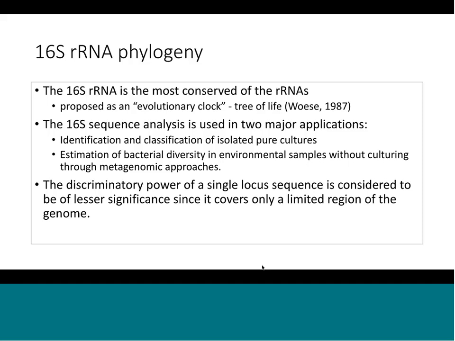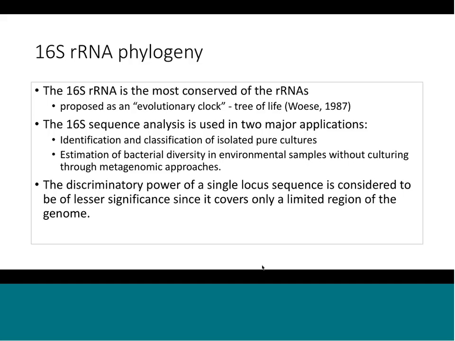Woese and Fox did this in 1977, and it's been determined that the 16S ribosomal RNA subunit is the most conserved, and it is a really good gene to use to build bacterial phylogenies. Now, this was before we were sequencing whole genomes. The 16S sequence now is just a single gene when you've got thousands of genes to examine in a phylogeny, but it still has its uses.